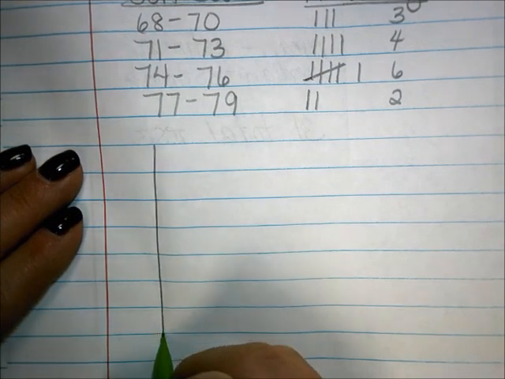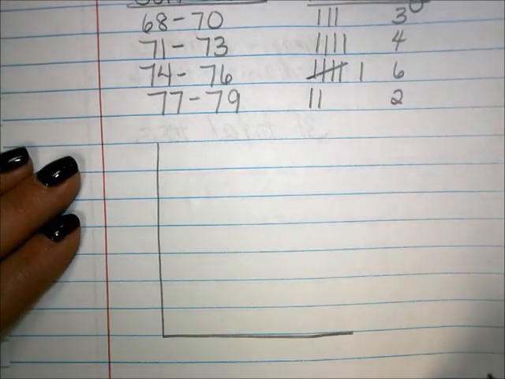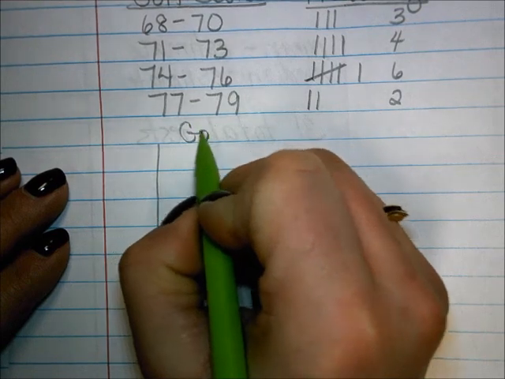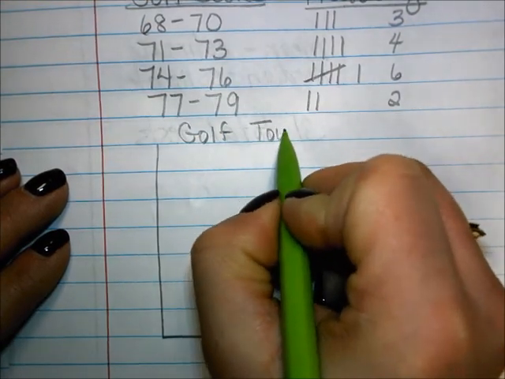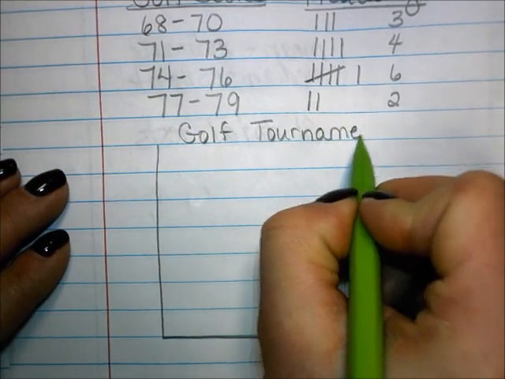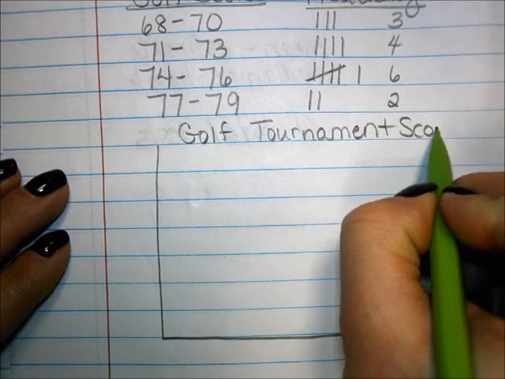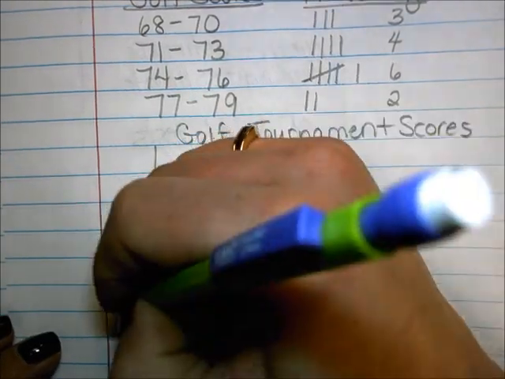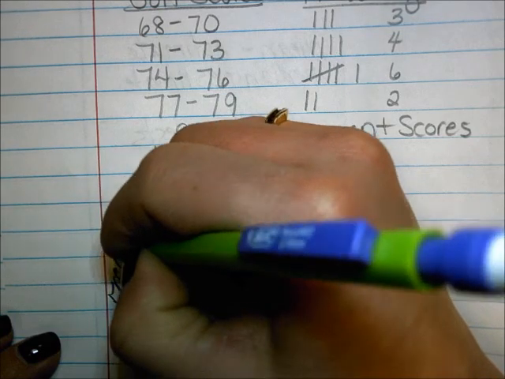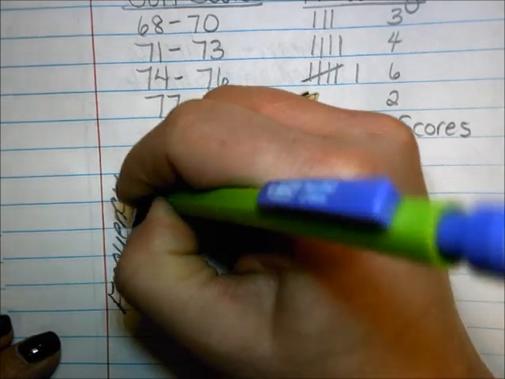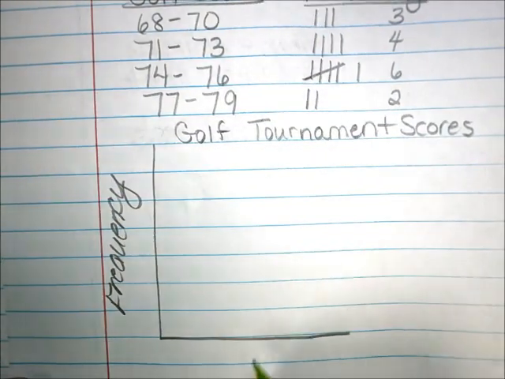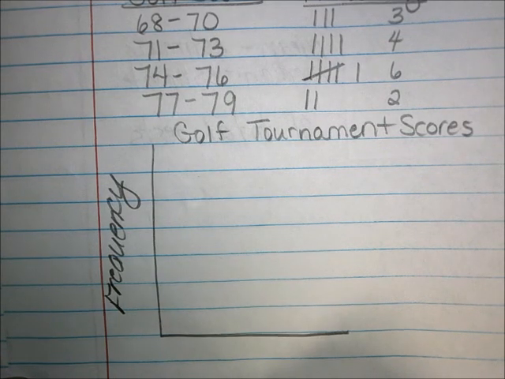So let's make our X and Y axis, and we do have to give it a title. I'm going to write Golf Tournament Scores. We have to label our Y axis, which is always going to be our frequency. And then down here, I am talking about scores.